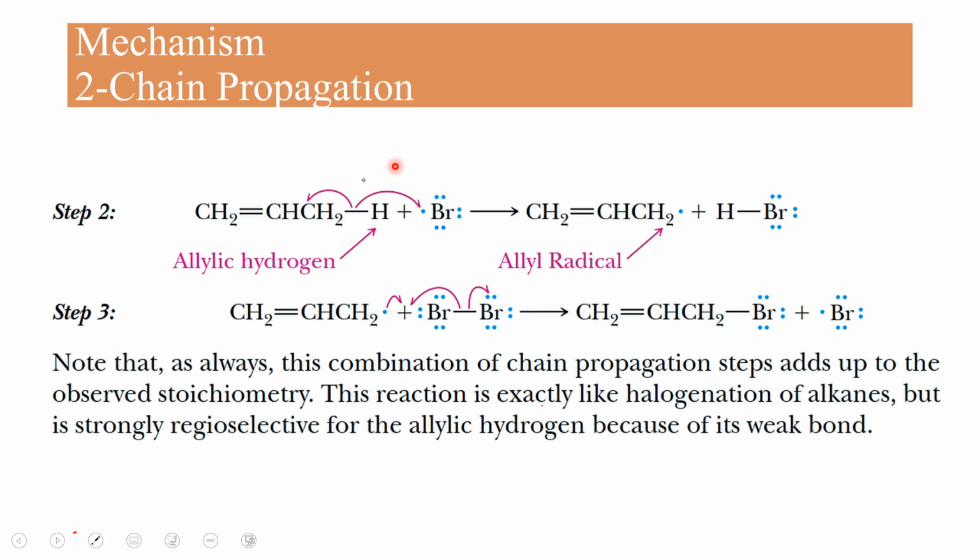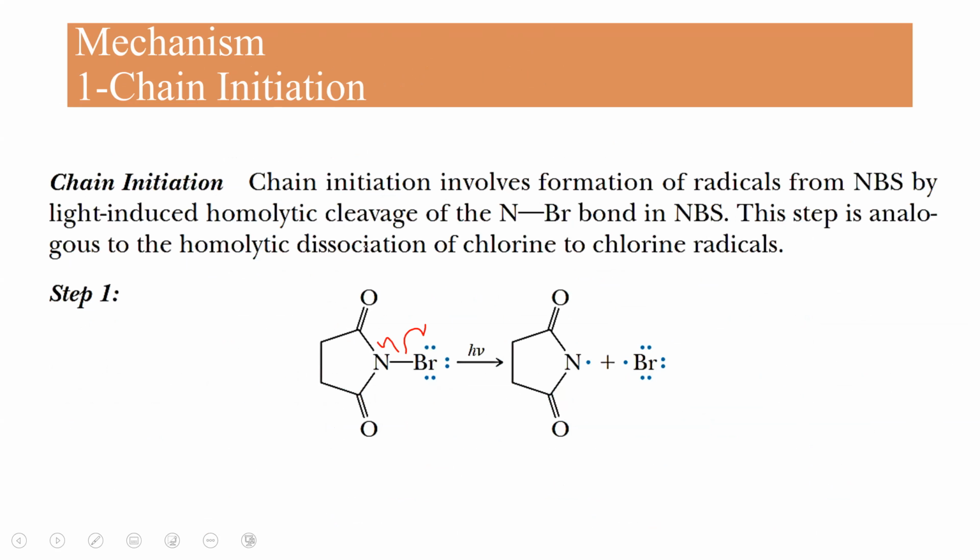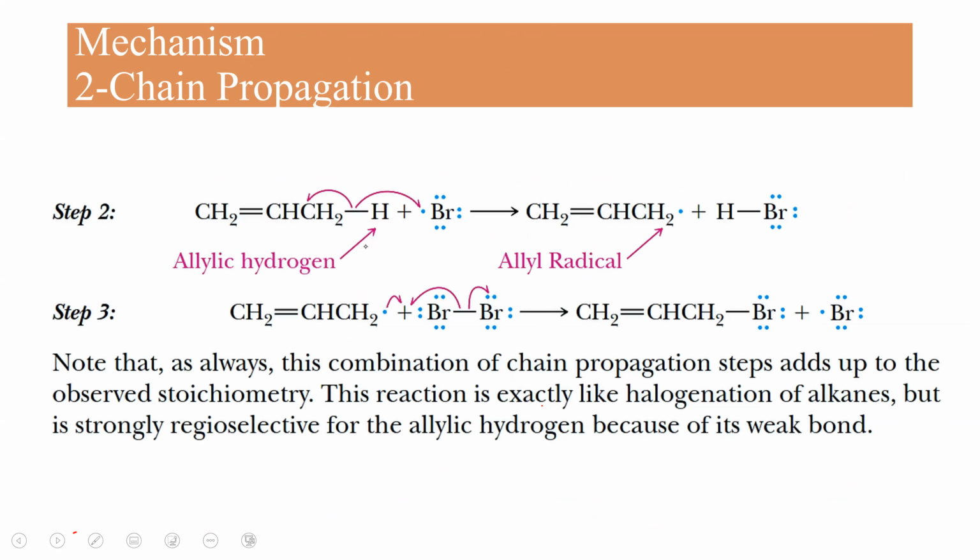And now we have our starting material, that is the propene, right? And this bromine radical, which was generated in the first step, is instigating this propene to break that carbon-hydrogen bond through homolytic cleavage, right?